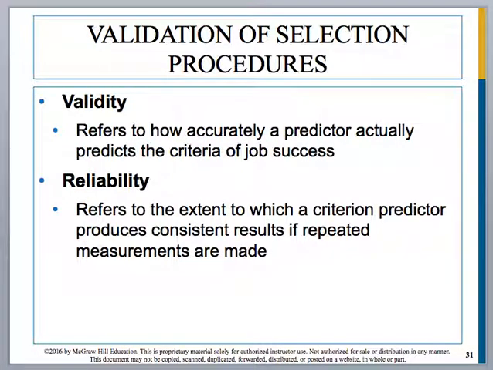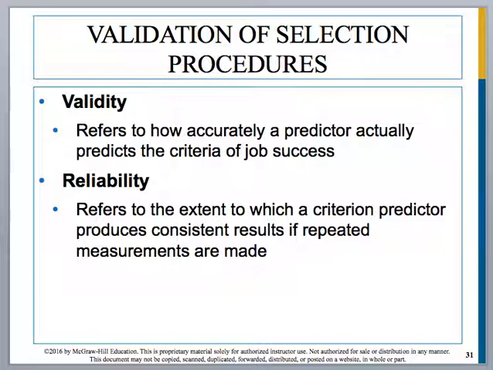Then validity and reliability. Validity is how accurately a predictor actually predicts your success, the criteria of job success.